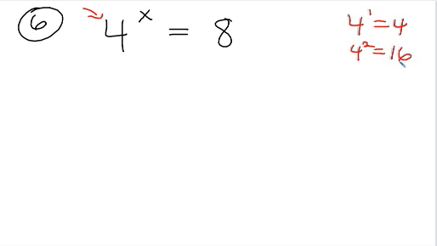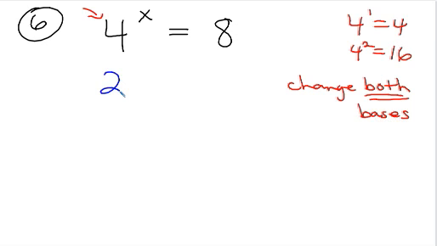So what I have to do here is make a note to yourself. Change both bases. And instead of thinking of a power of 4, let's think of a power of 2. Would you agree that 4 is 2 squared? And 8 is 2 cubed?